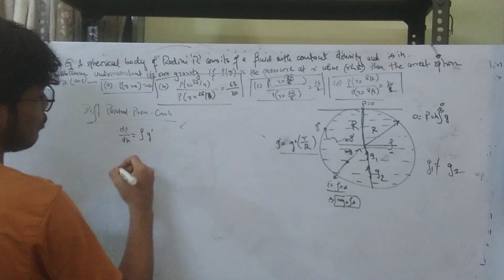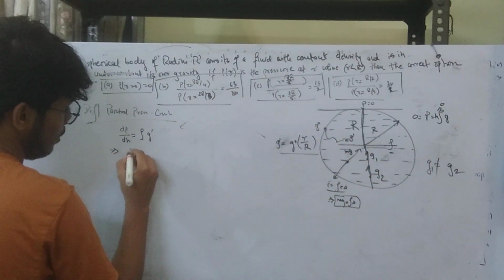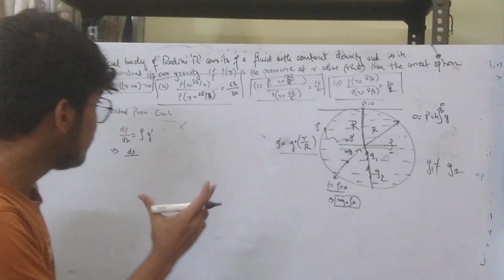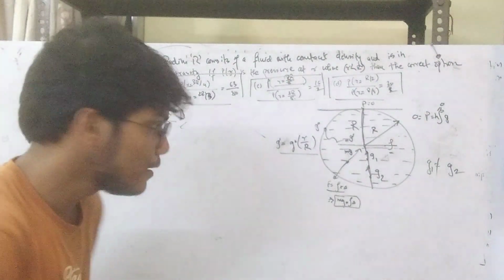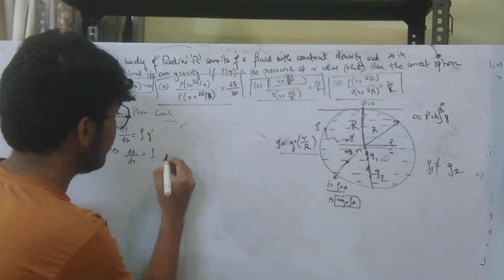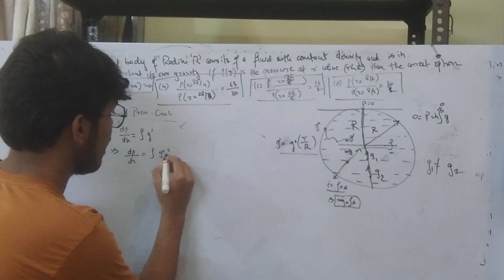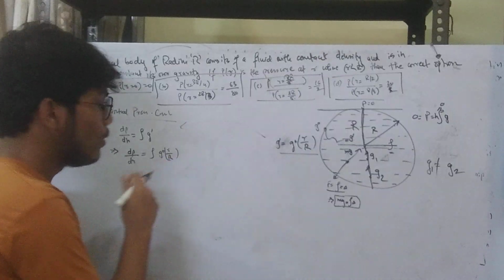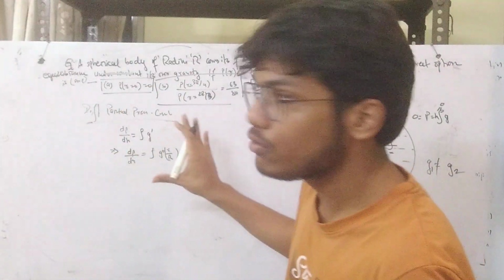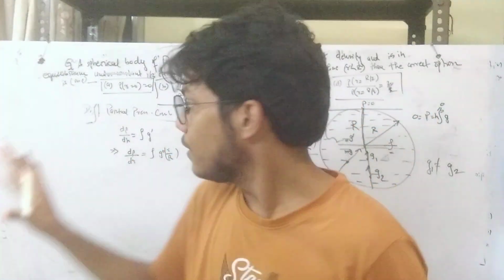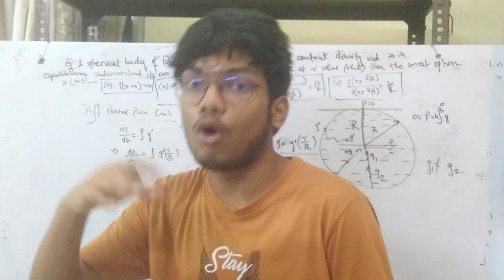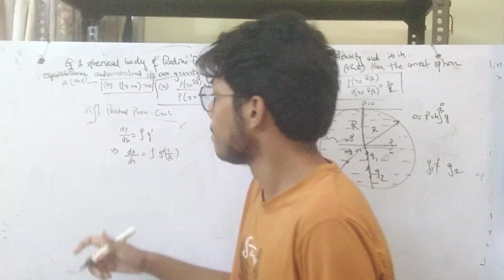So this is actually g naught. Now just replace dP by dh. This h is only the small r. So you can replace it as dP equals to rho into g naught small r by capital R dr. Now arrange this equation in such a way that the constant parts go in one part of the multiplication and the non-constant parts go in another part of the multiplication.